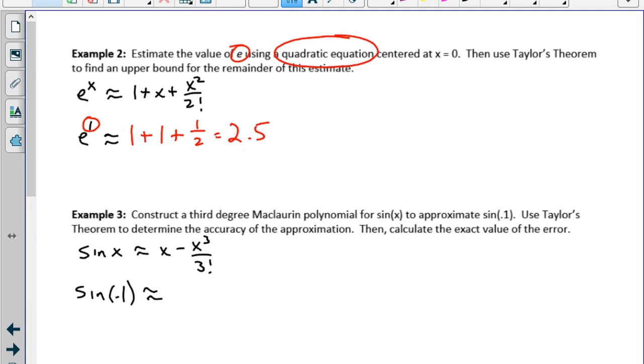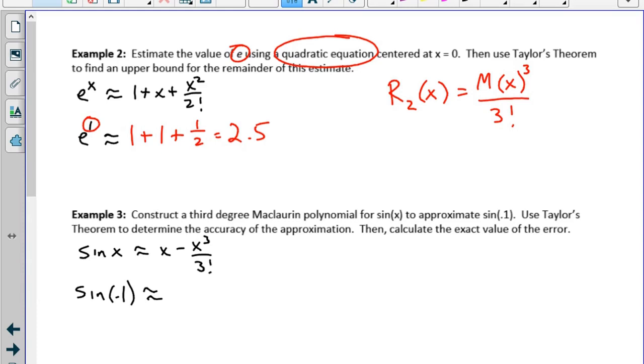But let's find the Taylor remainder. So R of 2 is the next term. So that's the maximum derivative, which I'm now going to label M, times (x minus c), which in this case is x minus 0, to the third over 3 factorial.